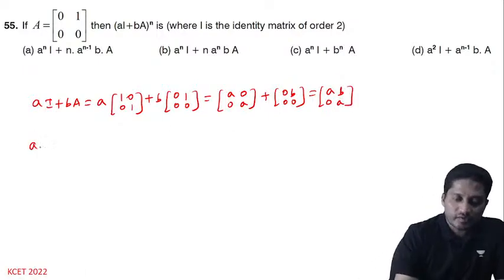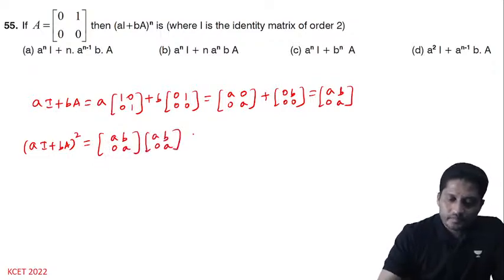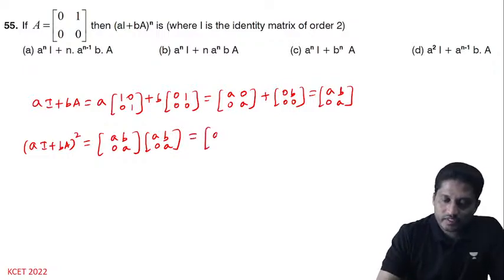Right, now if I take suppose aI plus bA the whole square, this is a b 0 a, this is a b 0 a. First row, first column is a square plus 0. First row, second column is ab plus ab is 2ab. Second row, first column is 0.